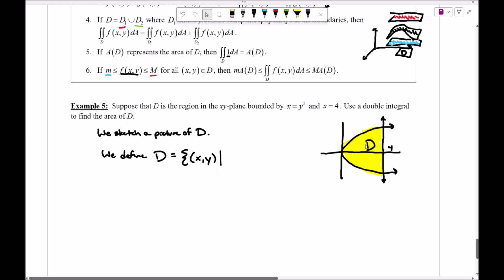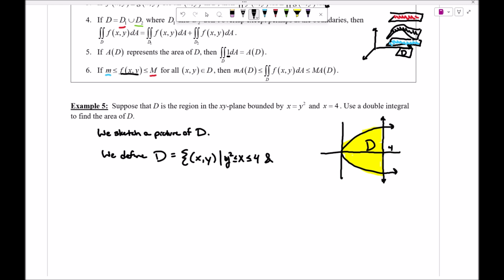If I was in the region and I was anywhere in the yellow and I always walked to the right, the function that I would always bump into would always be 4. I always hit x equals 4 all the time. And if I was inside the region and I always walked to the left, I would always be bumping into that parabola that is the y squared.